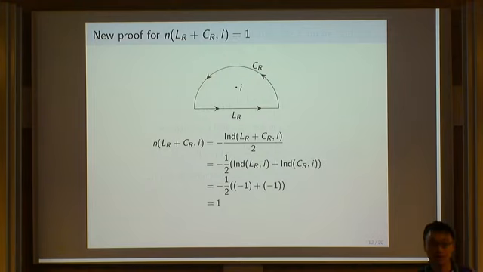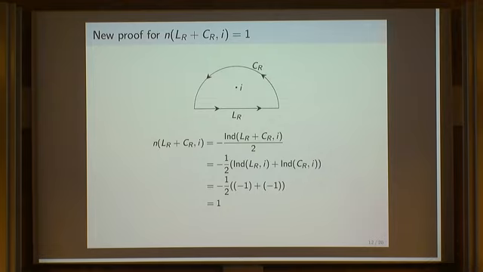And now, with this new strategy, we can have an alternative proof for the winding number. That is, we can reduce the evaluation of a winding number into evaluation of Cauchy indices, like this.